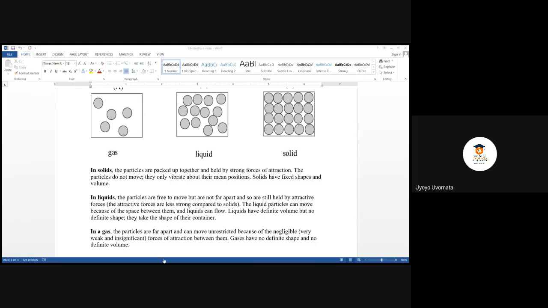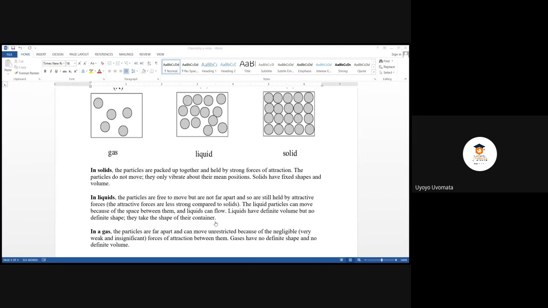Let us see the motion of particles in the gaseous state and understand how gaseous particles move.